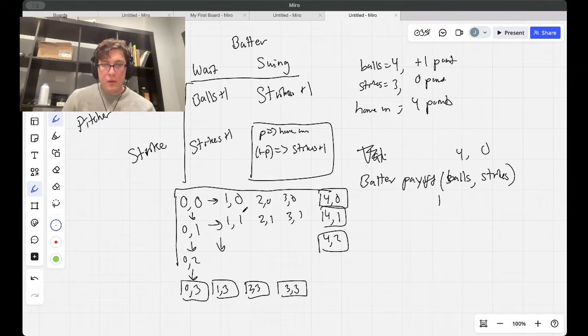With probability p, we hit a home run, and the payoff here is great, 4.